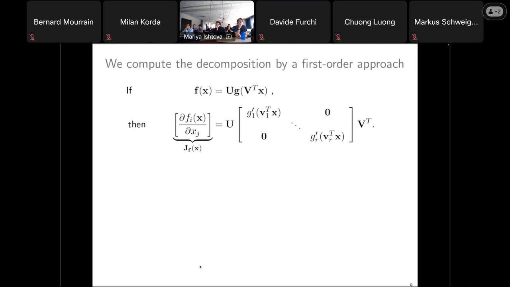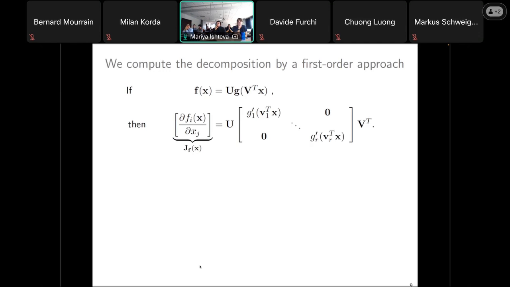If we take a derivative of g1 with respect to the second variable, it will be 0. It doesn't contain the second variable. If we take the derivative of g1 with respect to the third variable, it will also be 0 because it doesn't contain it. So this is the first interesting fact: here in the middle, we get a diagonal matrix. Only on the diagonal do we have non-zeros. Everywhere else, there are zeros.